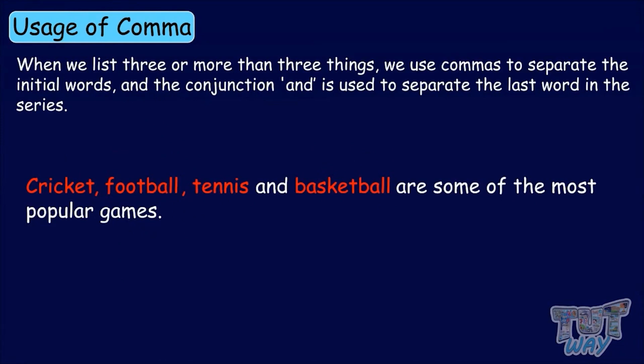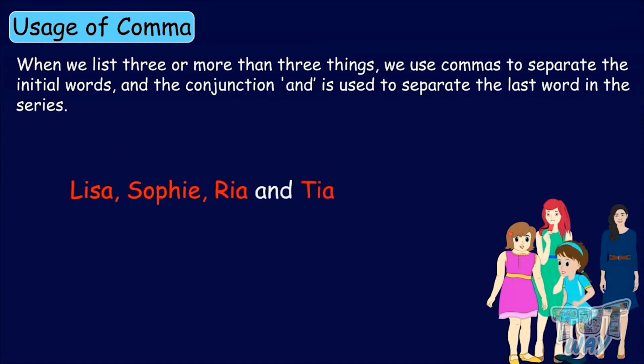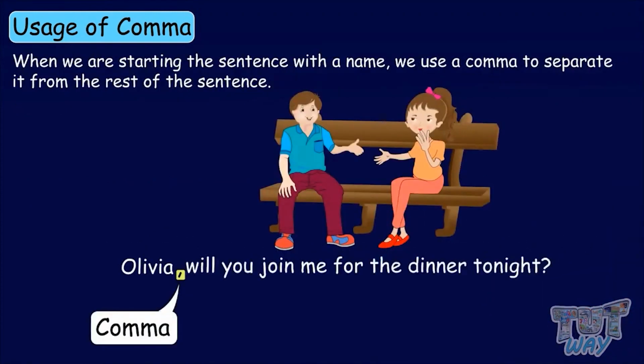Here is another example. Lisa, Sophie, Ria and Tia are my best friends. Olivia, will you join me for the dinner tonight? So, this is what we learned in our previous assignment.